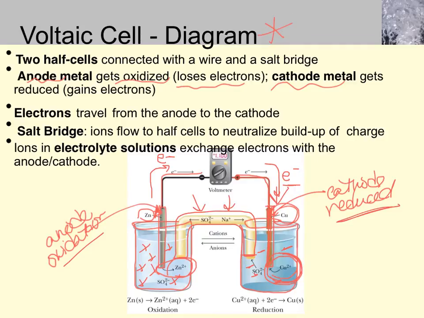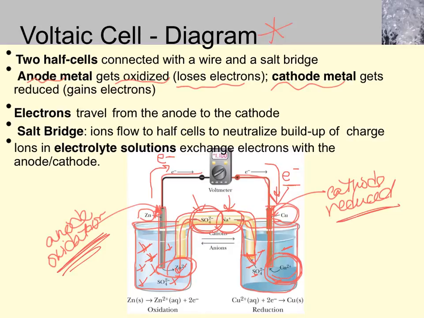That's a salt that doesn't react, it doesn't interfere with the reaction. And because you're building up positive charge in the oxidation half cell, the anion in the salt bridge will be delivered or attracted to the oxidation half cell. The cation will be attracted to the reduction half cell.